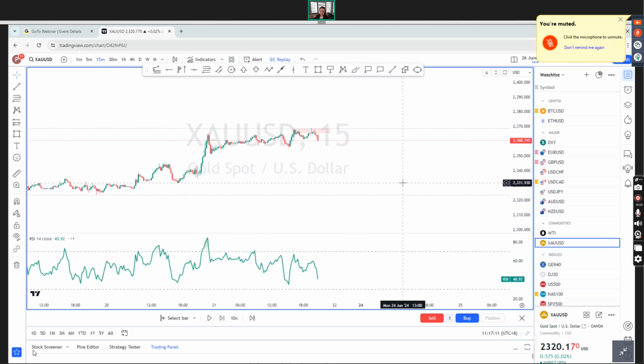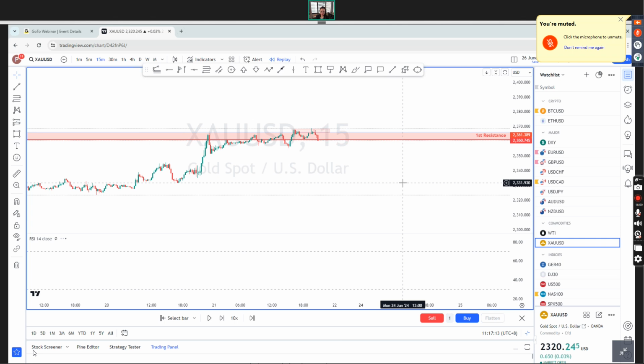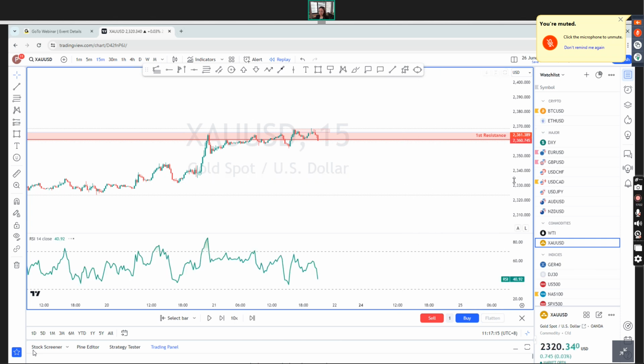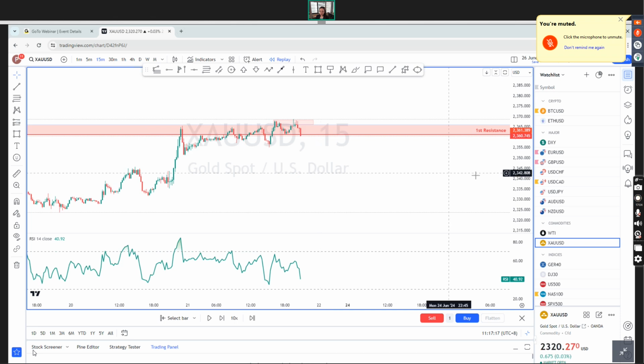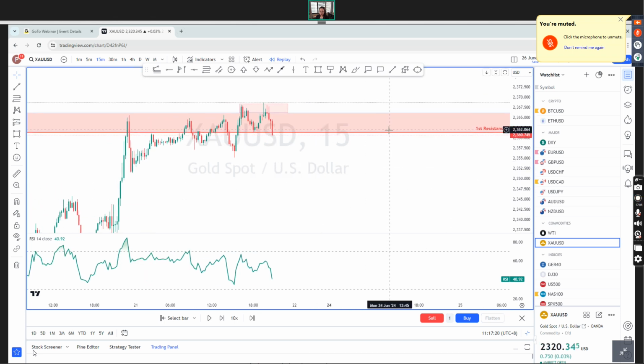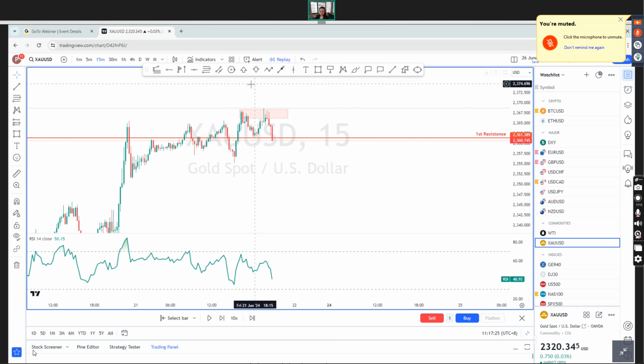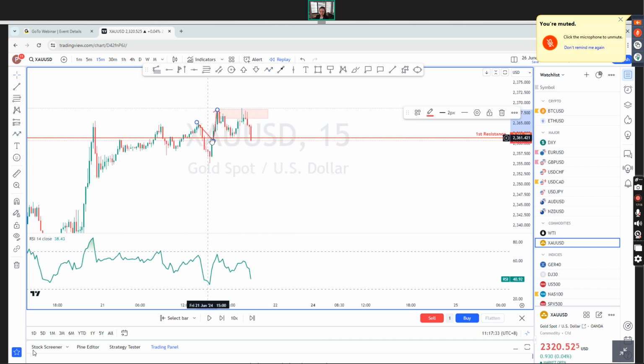If you go to the M15, you will see that, based on only the line and not the zone, you would think that price broke above, so you become a scalper. You might think that price bounced here, so I'm going to buy. Some of you might buy here.